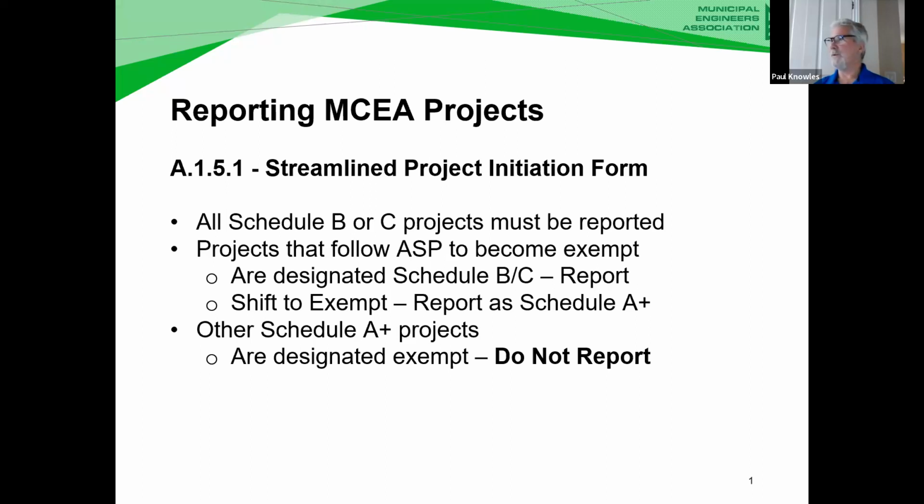So those projects that follow the archaeological screening process to become exempt are Schedule B or C projects that are to be reported, and you should report that you shifted them to be exempt and report them as Schedule A plus. So the only Schedule A plus projects that would get reported with that form are the ones that were originally or really are designated B or C, but you followed the process to get out of that.